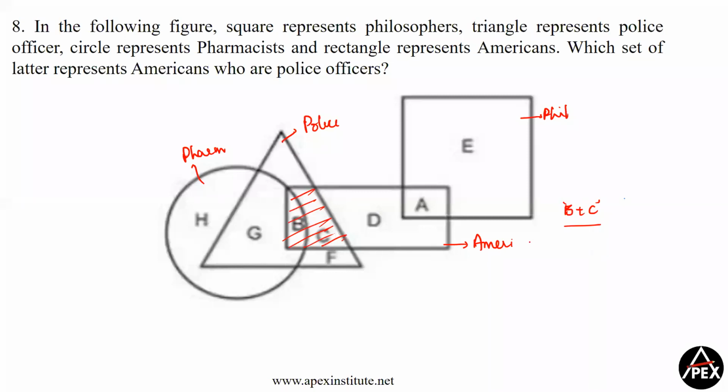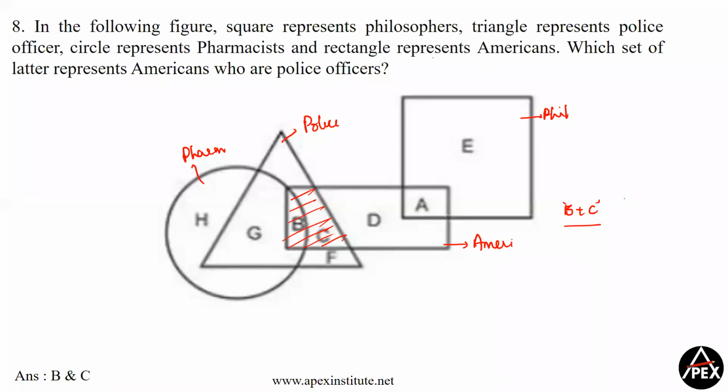Okay, so if it is asked which set represents Americans and only police officers, then your answer will be C. But here it is asked to determine the regions which represent police officers and Americans. So it should be the region common between Americans and police officers. So the answer for this question should be B plus C. It's not only C. It should be B plus C, isn't it?